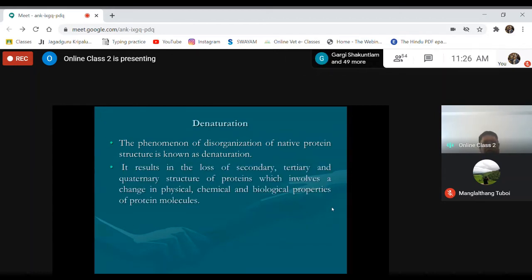Now this denaturation results in the loss of the secondary, tertiary, and quaternary structure of the proteins. So this involves a change in the physical, chemical, and biological properties of the protein. Regarding physical properties, in the native conformation some proteins may be soluble in water.